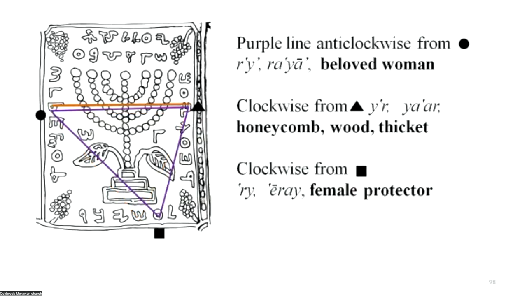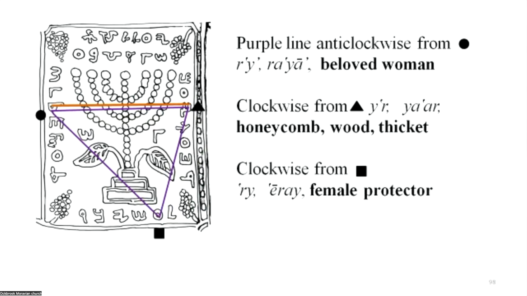Then the purple line. Now the purple line again going round, this time starting at the top with the circle. She can be the beloved woman, or going round the other way, she can be the honeycomb, the wood, or the thicket. Now, that is an important link to what we're going to be looking at next, because this will be a picture of the bee lady, wisdom, and she is in exile, and we found that her honeycomb is in a thicket somewhere.